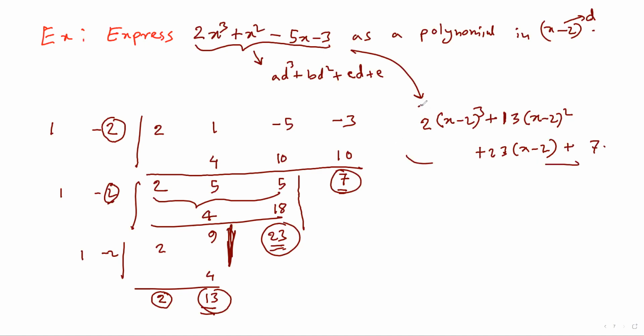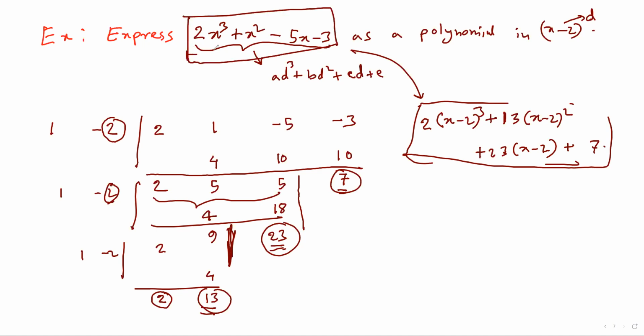So this is the expression. If you expand this expression, you will get the same expression that was given in the question. So this is a pretty fast process to express a polynomial in powers of some other linear term than x itself. So synthetic division is pretty helpful and useful.